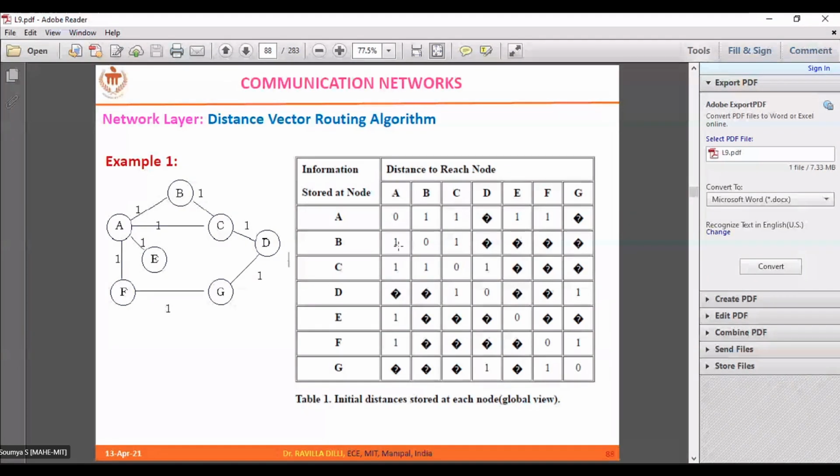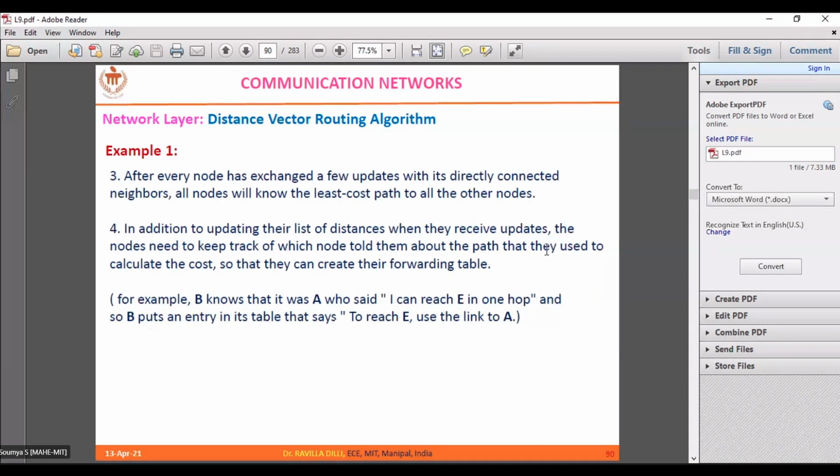B knows that the distance from B to A is 1. And therefore, distance to E through A will be how much? It will be 2, isn't it? 1 plus 1, 2. Similarly, the distance to F through A is going to be 1 plus 1, that is 2. Right? So that is what is given over here.